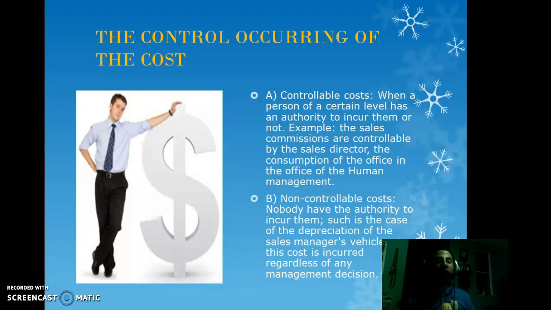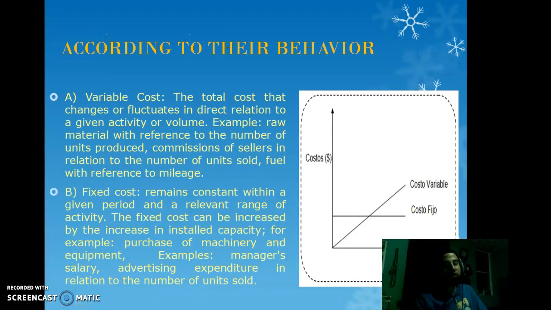On the other hand, we can find non-controllable costs, when nobody has the authority over them, such as the depreciation of the sales manager's vehicles, since the cost is incurred regardless of any management decision.